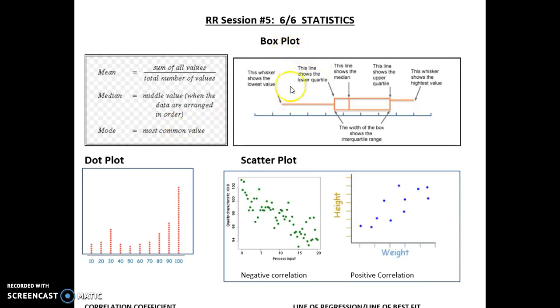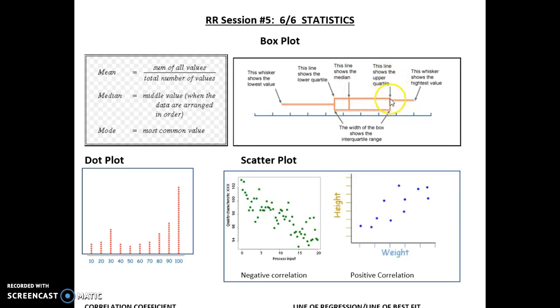A box plot is literally a box, and they used to call it box and whiskers back in the olden days. This box represents several pieces of very important information. This would be denoted by a dot. This is the minimum value. The lower quartile, or quartile 1, is the first side of the box. The median is the line in the middle of the box.